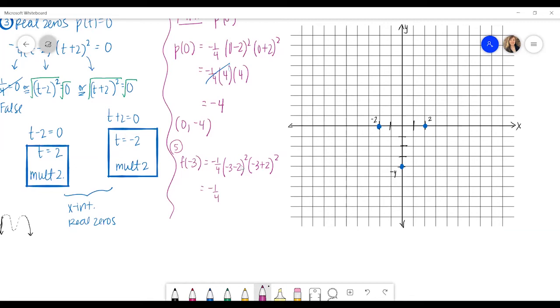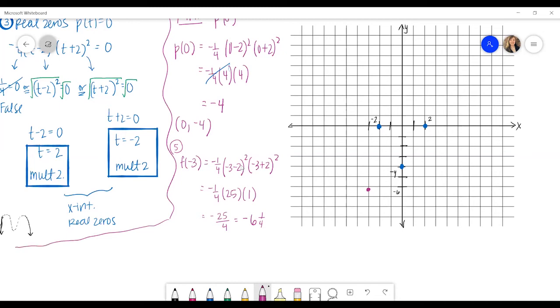This is -5. If you square it, you get 25. This is -1. If you square it, you get 1. So that is -25/4, which I usually think is helpful as a mixed number, just so you can approximate. This would be -6.25. So -3.